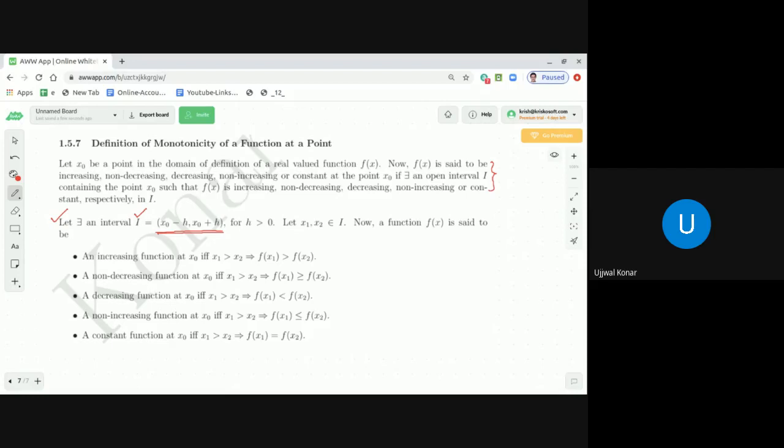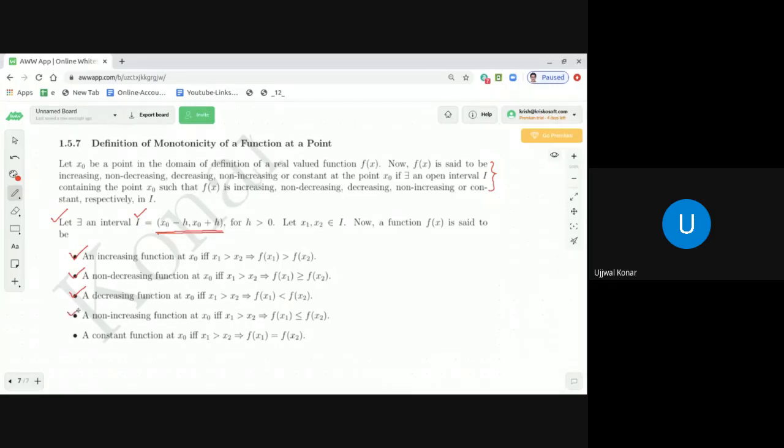Now, the definition: the function f(x) is said to be an increasing function at x0 if and only if x1 greater than x2 implies f(x1) greater than f(x2). Non-decreasing function at x0 if x1 greater than x2 implies f(x1) greater than or equal to f(x2). A decreasing function at x0 if x1 greater than x2 implies f(x1) less than f(x2).